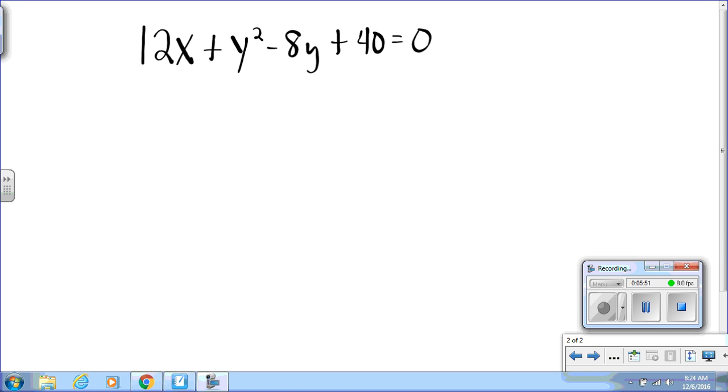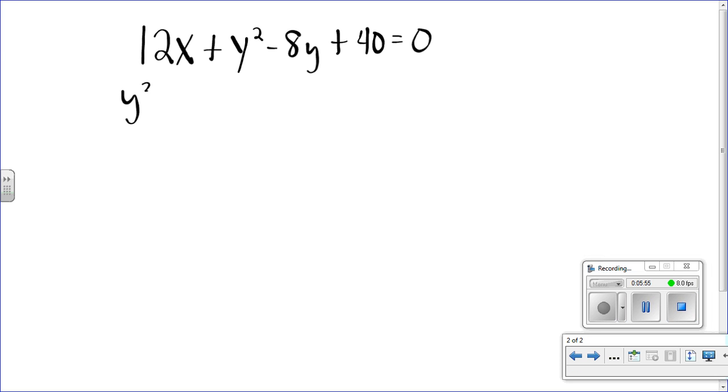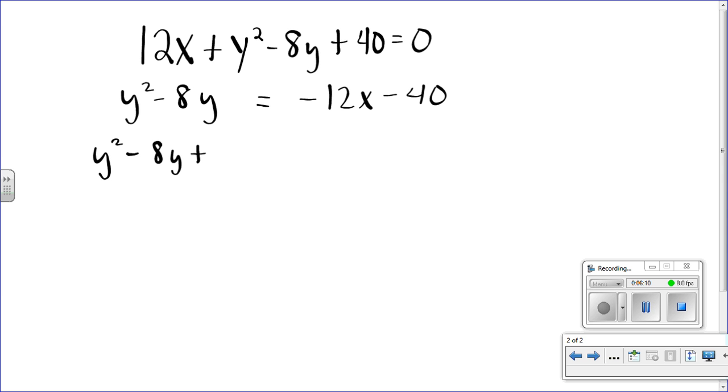So, we'll do y squared minus 8y. I'm going to move the 12x and the 40. Half of 8 is 4, and 4 squared is 16. I don't have to multiply it times anything this time because I didn't have to take anything out, right? So let's do that.